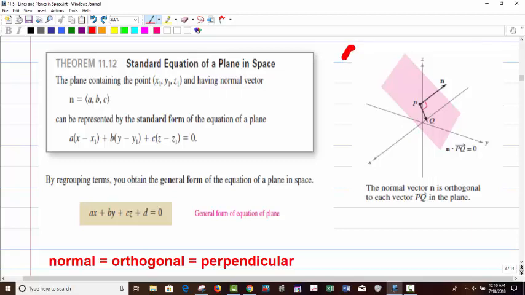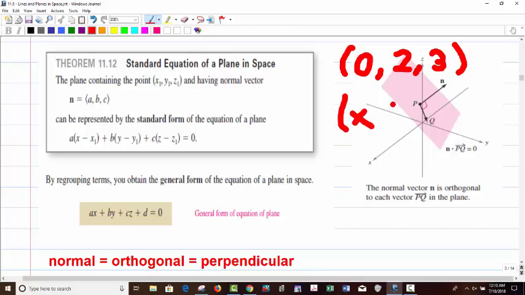If I put 0, 2, 3, for example, it would be easy to come up with a normal vector by putting in X, 0, 0. If you look at that, you can see the dot product would be 0, because no matter what X is, it's times 0, then 0 times 2, 0 times 3, so it would be 0.